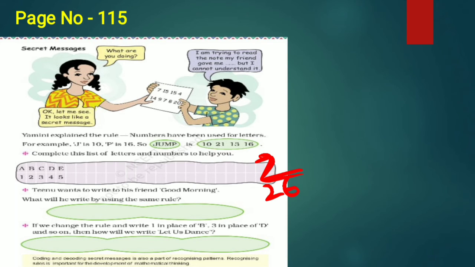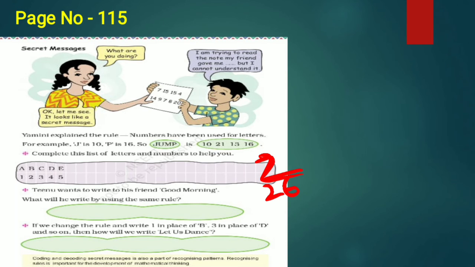And you all know that the English alphabet has 26 letters. Now Tino wants to write to his friend, good morning. But it is not in the manner of sending the letters, it is in the manner of sending the rule with numbers. Let me see.